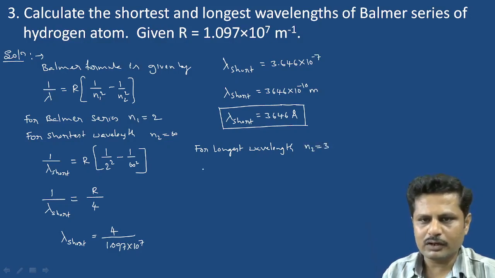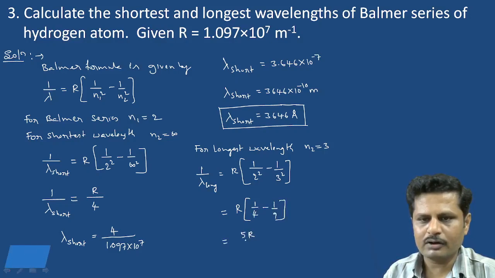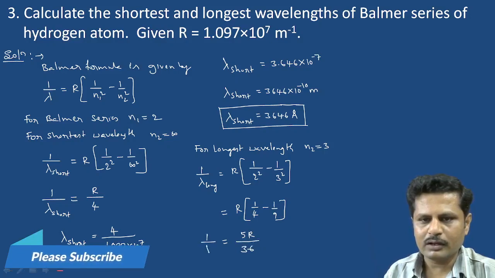So on substituting, we get 1 by lambda longest equals R of 1 by N1 square, that is 2 square, minus 1 divided by 3 square. On simplifying, we get R of 1 by 4 minus 1 by 9, which equals 5R divided by 36, equals 1 divided by lambda.